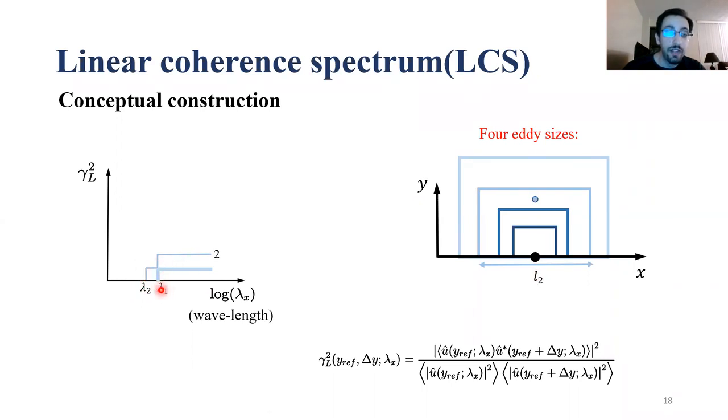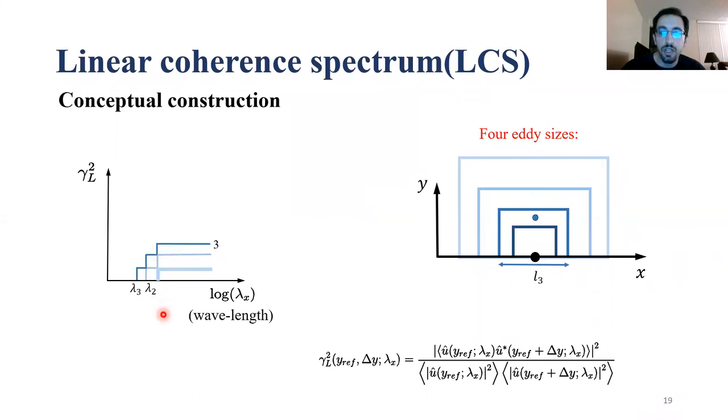And for wavelengths greater than lambda 1, the effect of these two eddy structures is effectively superimposed. So what we get is that coherence from the second eddy is added to coherence from the first eddy. Therefore, the magnitude of coherence increases in this region for wavelengths larger than lambda 1.